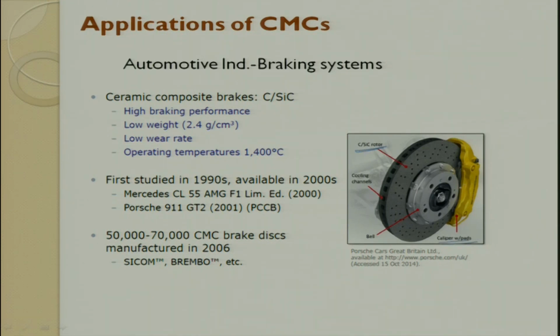When these two come in contact, we get very high temperatures and very high friction. That is reduced when we start using ceramic matrix composite, carbon with SiC. So, high braking performance, the weight goes down, the wear goes down, and the temperature at which it operates goes very high, up to 1400 degrees Celsius, and nothing happens.